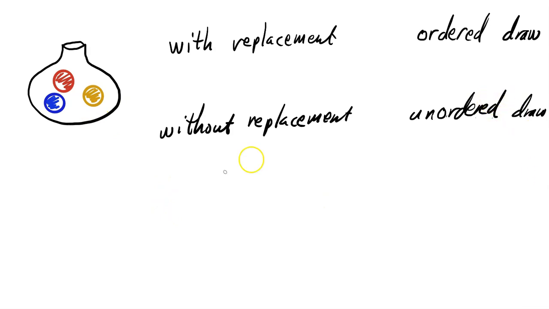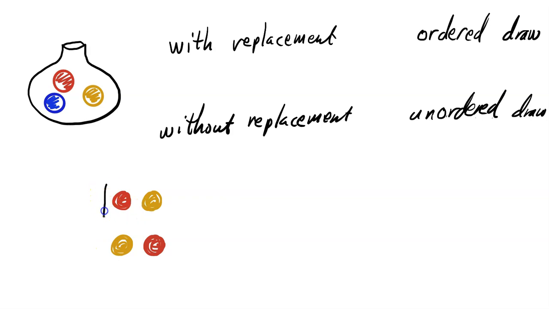So for example, if I first draw a red ball and then draw a yellow ball on the second draw, if I consider an ordered draw, that I consider as a different outcome than if I got a red on the second and a yellow on the first.